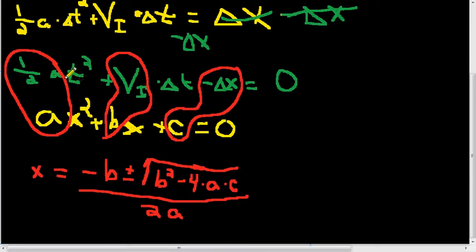We're dealing with t's. We will substitute in these equations down here our coefficients for the t's. For a, here and here, our coefficient is not a, it's 1/2 a. For b, down here and here, our coefficient is vi. And for c, right here, our coefficient is no longer c, it is negative delta x.